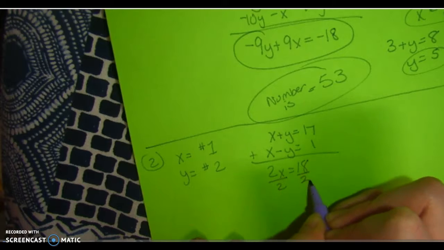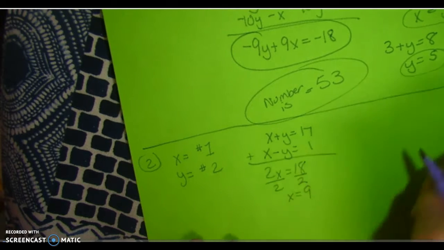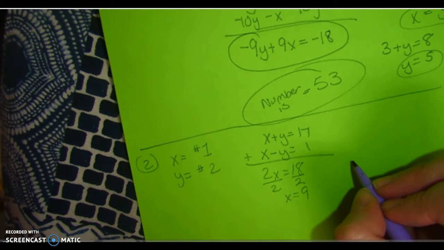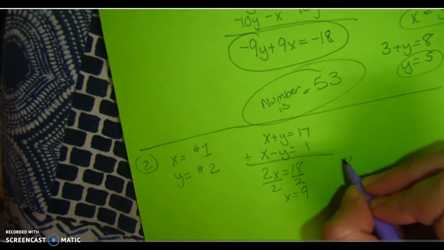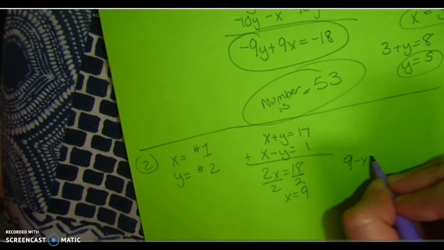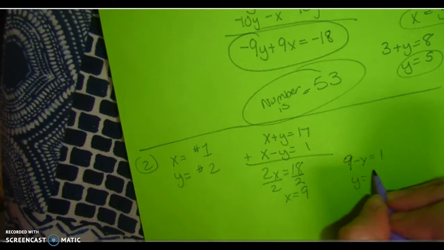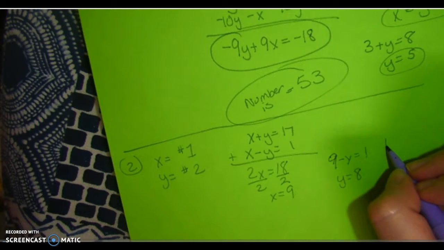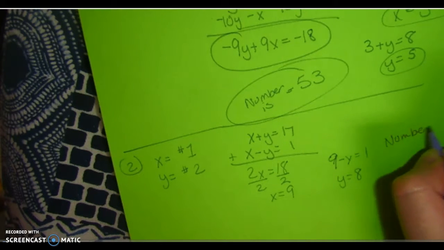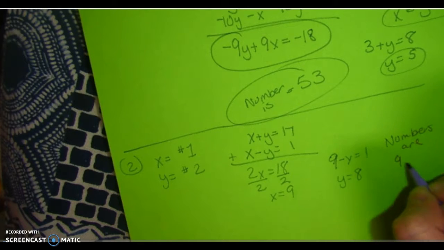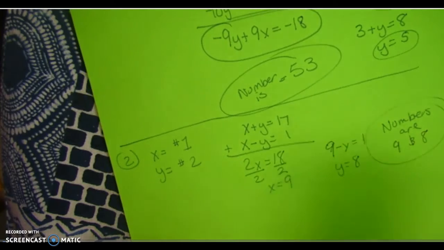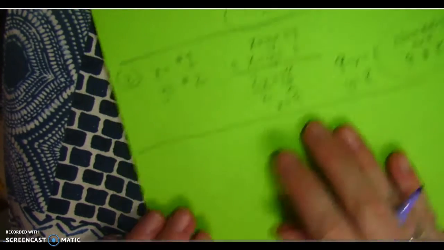Divide by 2, divide by 2. x would equal 9. And then 9 minus y equals 1. So y has to equal 8. So the numbers are 9 and 8.